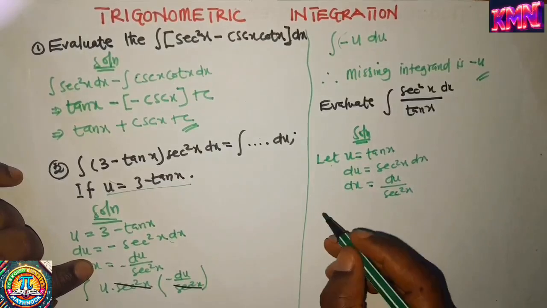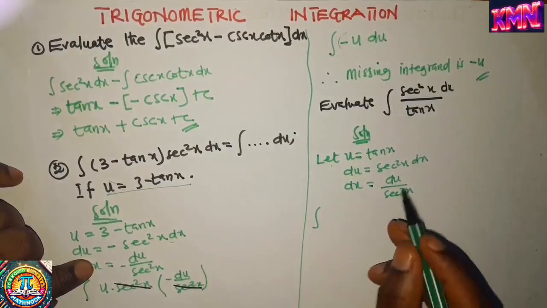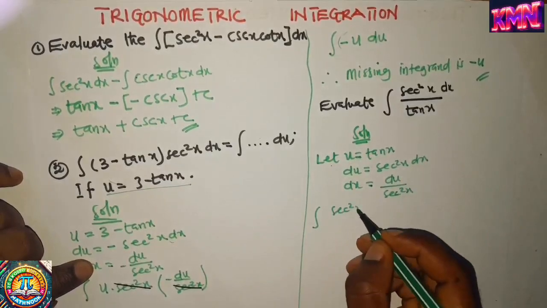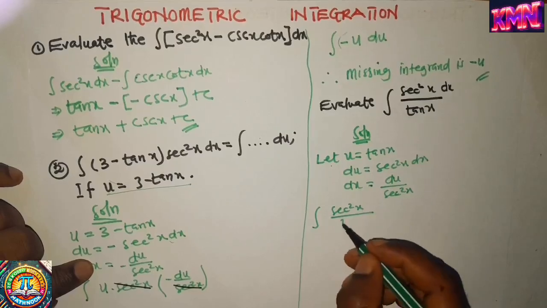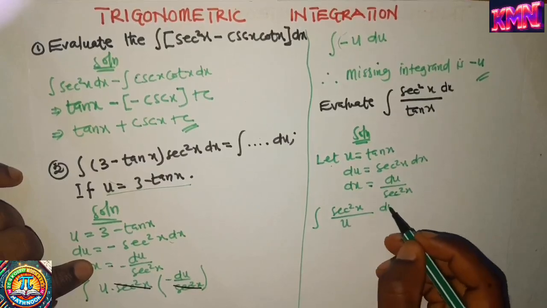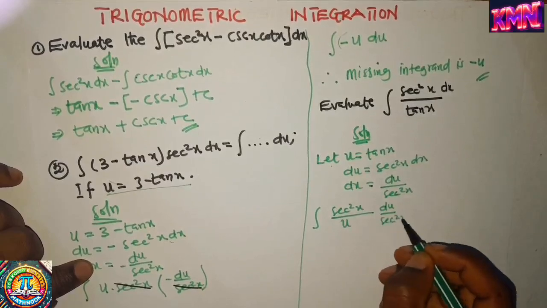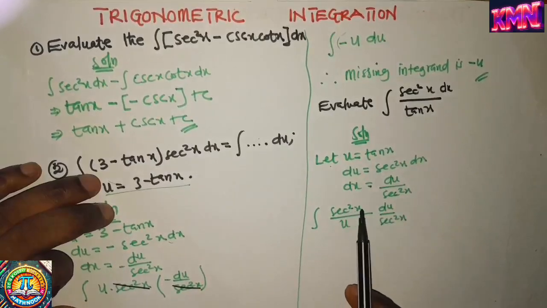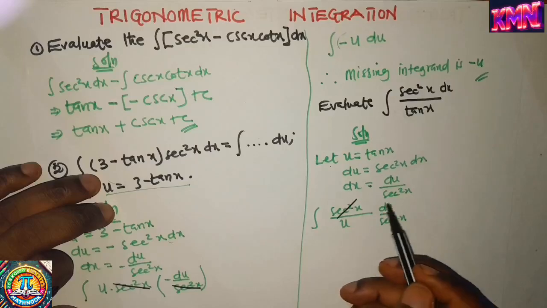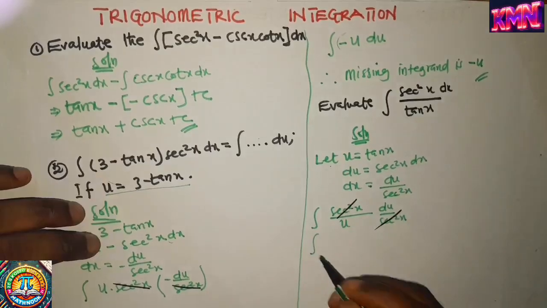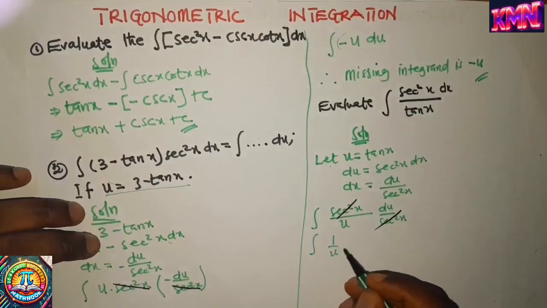When we substitute, we are going to get the integral of sec square x on u, then du on sec square x. This is sec square x and this is sec square x, they can cancel out. So now we have 1 on u du.